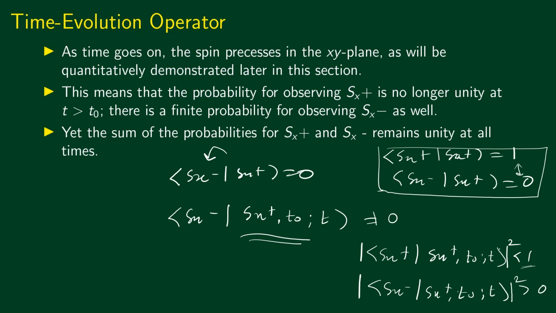So initially we have got a ket Sx plus state, and later it evolves in time and picks up a component along the ket Sx minus direction also. So total probabilities do not change, but the individual expansion coefficients can change.